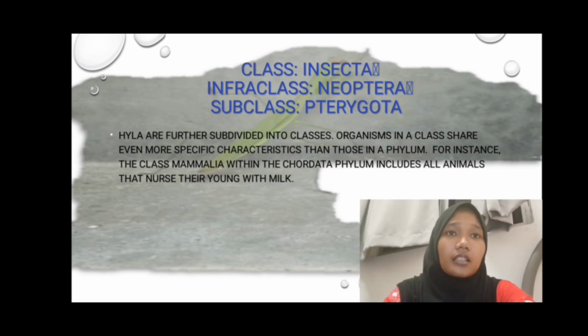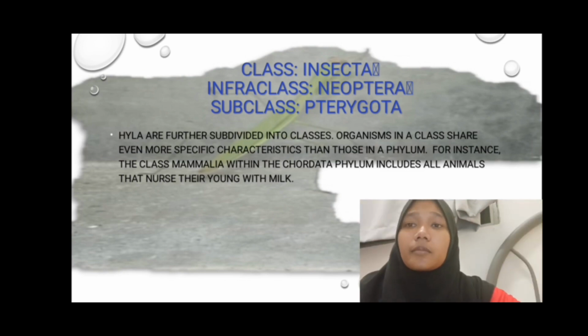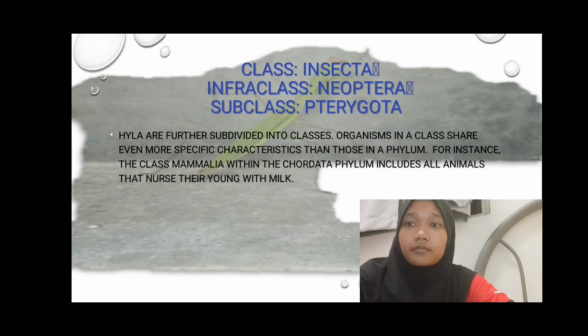Phyla are further subdivided into classes. Organisms in the class share even more specific characteristics than those in the phylum. For instance, the class Mammalia within the Chordata phylum includes all animals that nurse their young with milk.